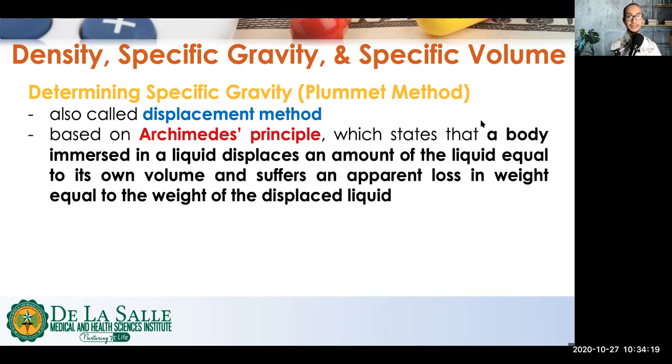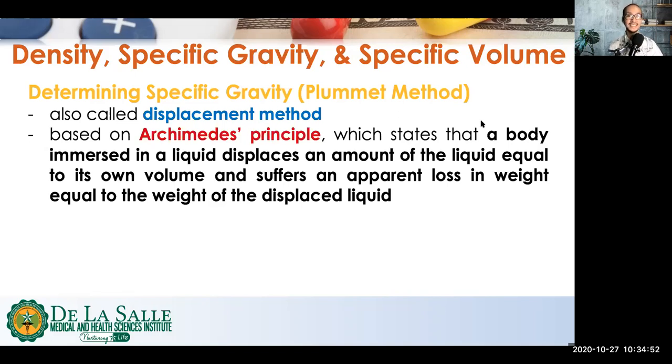But initially, even in high school, we are told that Archimedes was asked to determine whether the crown is pure gold or not. That has already been disproved. That is supposedly not the real reason why Archimedes exclaimed Eureka, and how he discovered the displacement method and the law of buoyancy.